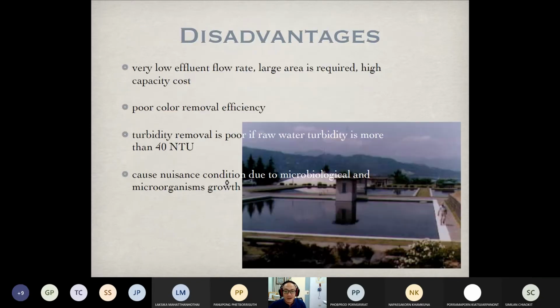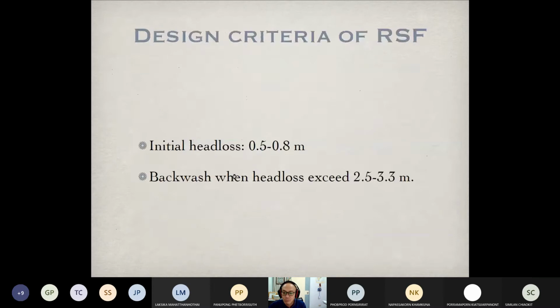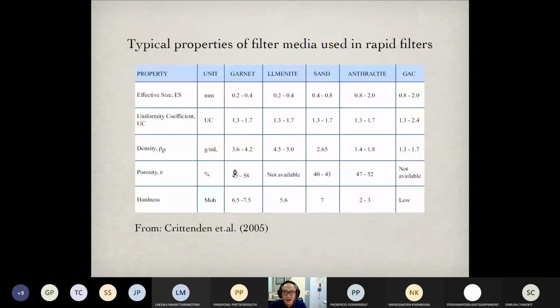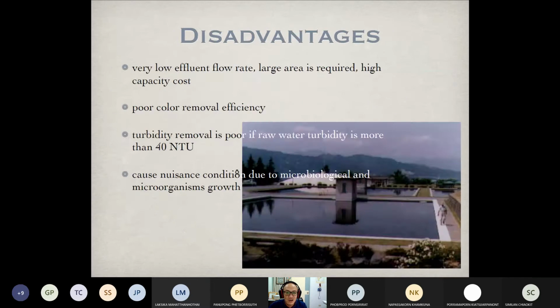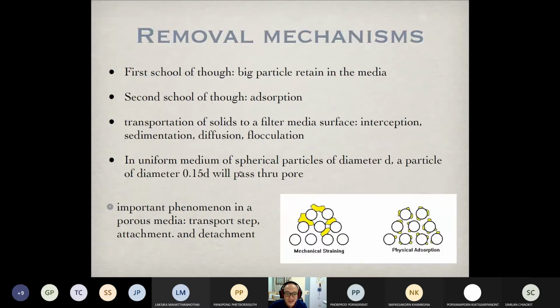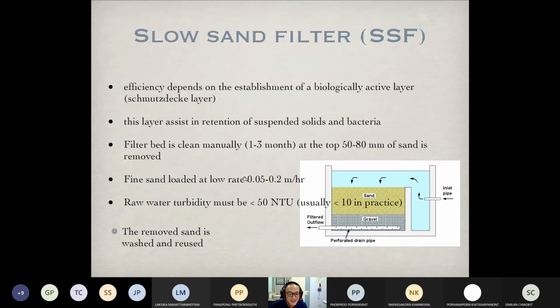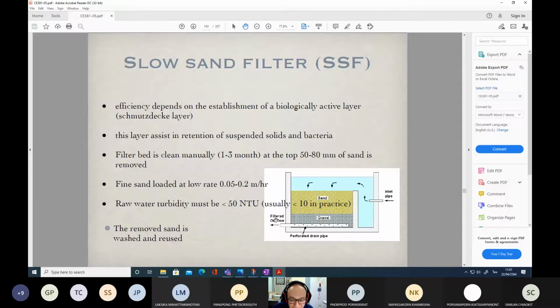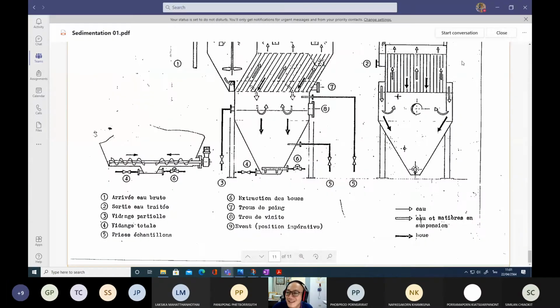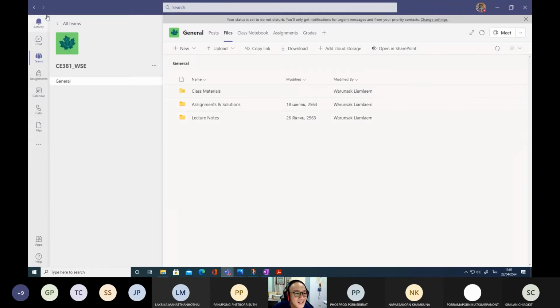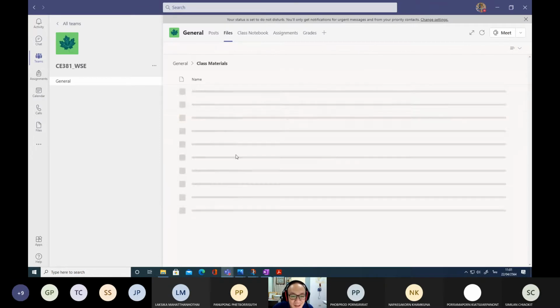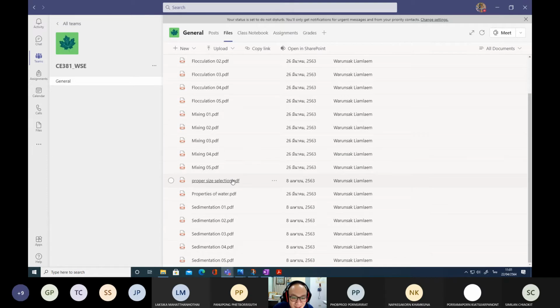For this slow sand filter, I think I have another version of the slides. I'm not sure. It will show the removal mechanisms, but this is not the version that I have. If I have time, I could find another version. I'm not sure which one I left in Microsoft Teams.